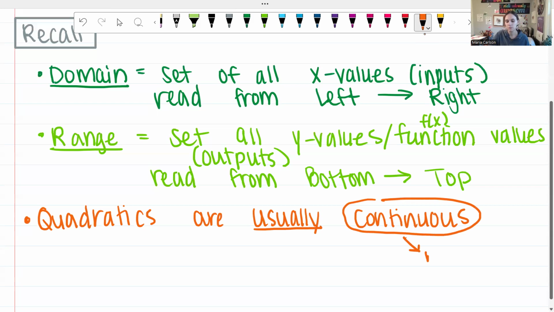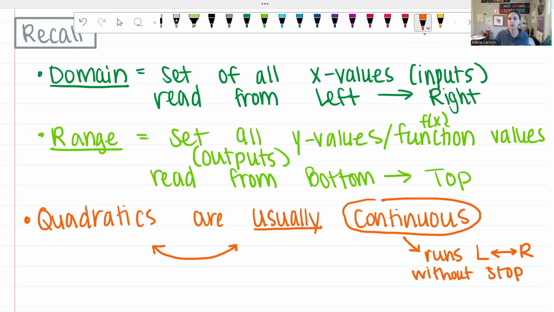So it runs left to right, either direction, without stopping. So quadratics are continuous usually because they are going to the left and to the right upwards, or they are going to the left and to the right, but downwards.